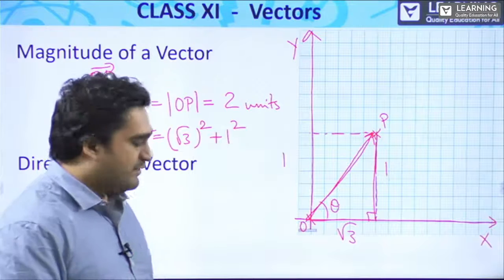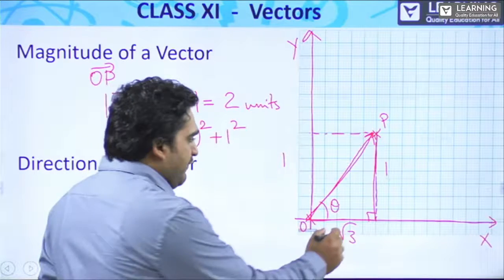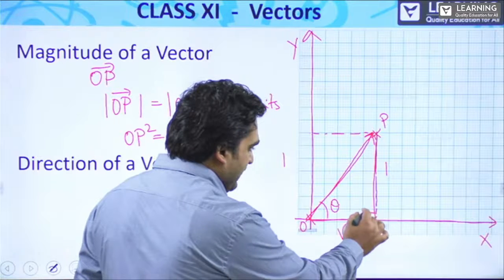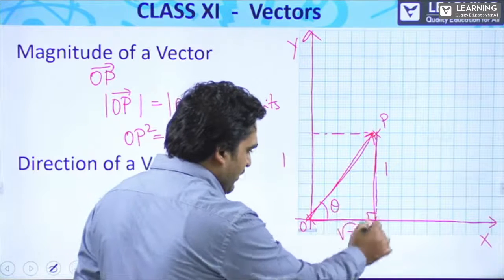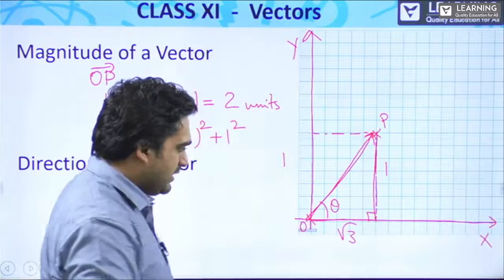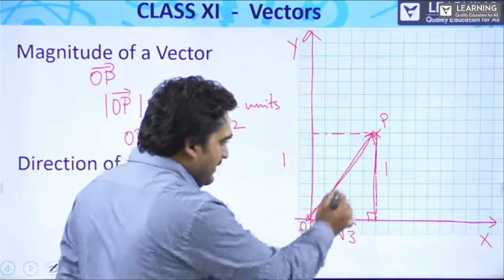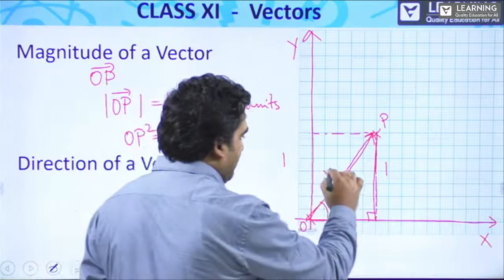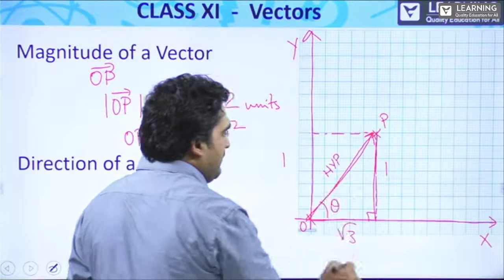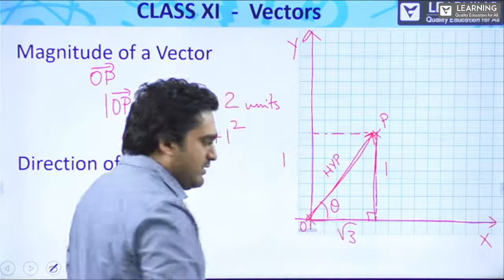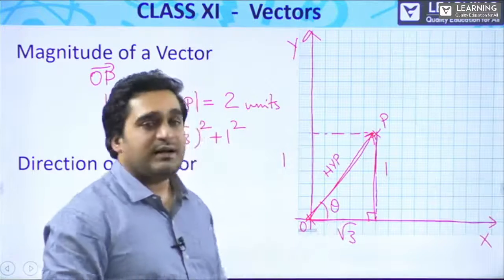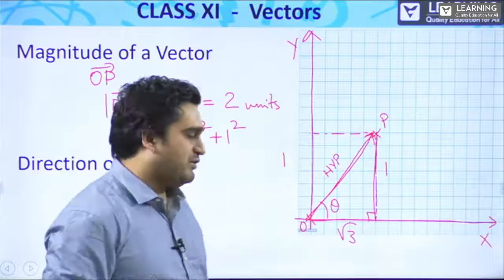Let's pick the latter first. When two lines meet and are mutually perpendicular to each other, the third line is always the hypotenuse.